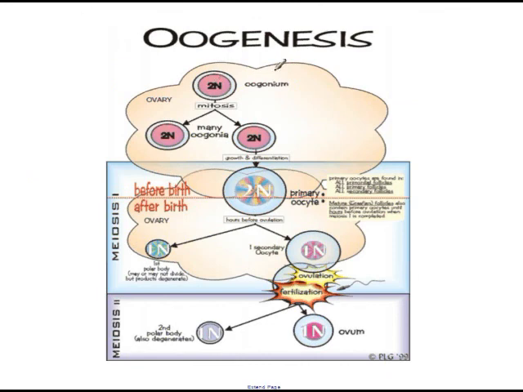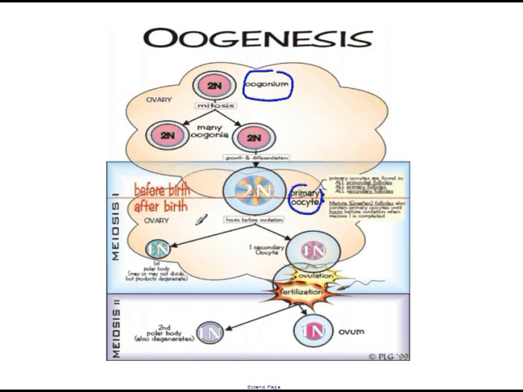So the ovaries are made of diploid cells, which are oogonium, just like the testes were made in the seminiferous tubules of spermatogonium. And those guys can go ahead and make more oogonium, right? But then they eventually differentiate into primary oocytes, right? Now this all happened here before birth, and it pauses, right?